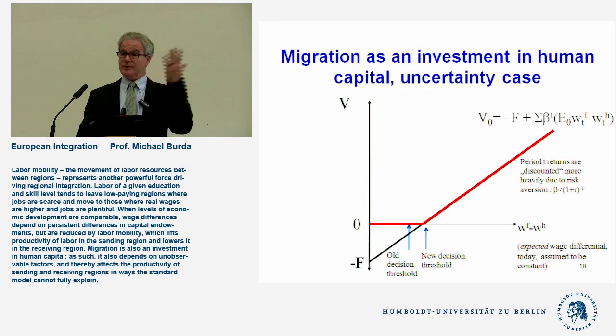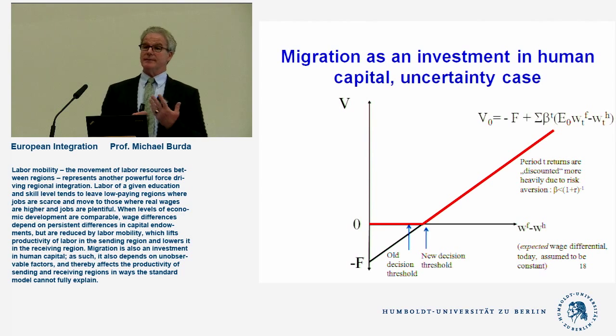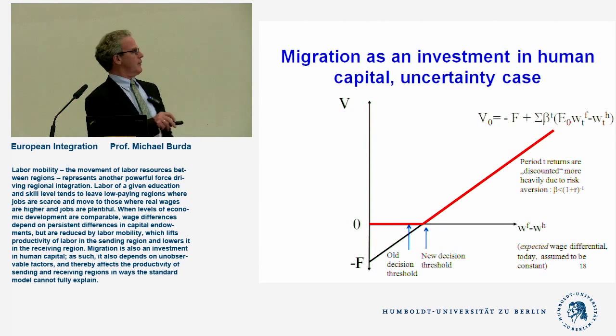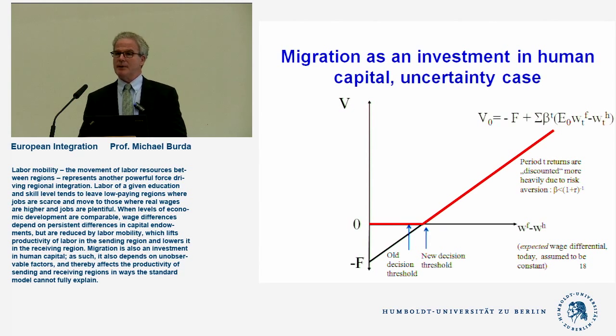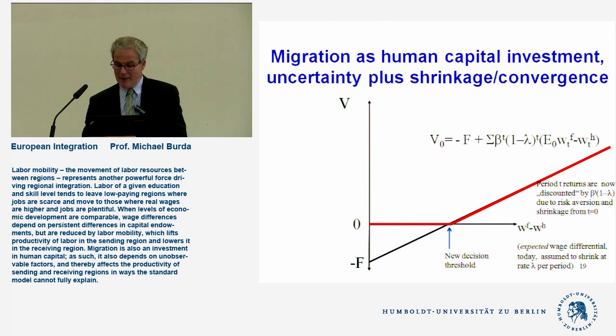So the wage falls with the falling capital intensity in Finland in this case, and it starts to rise in Poland. And as it does so, this benefit of migration, WF minus WH, actually shrinks at a rate. So suppose it shrinks at this little rate lambda, then we have to, in effect, discount it also by that rate of shrinkage. Every period, it gets a little bit smaller.